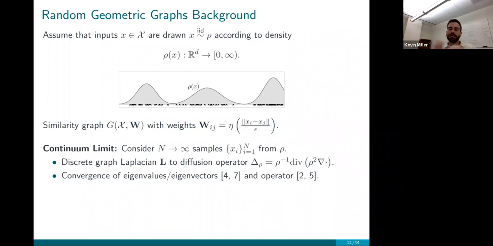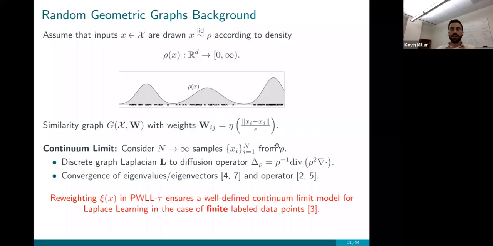But for my purposes here, it's important to say that the counterpart of this discrete graph Laplacian in the continuum case is a diffusion operator that takes into account this density rho. And for our purposes here with the Poisson reweighted Laplace learning, the whole point of that reweighting is to ensure that we have a well-defined continuum limit model in the case of having a finite amount of labeled data points.